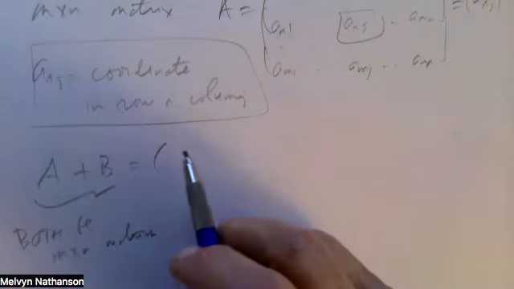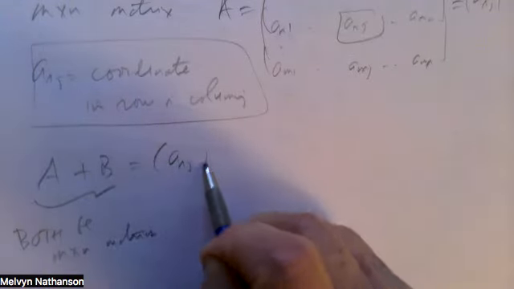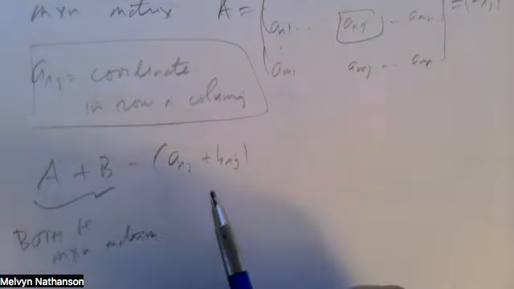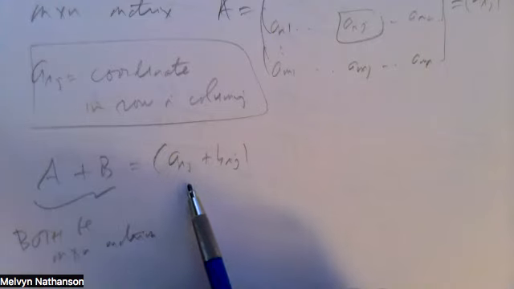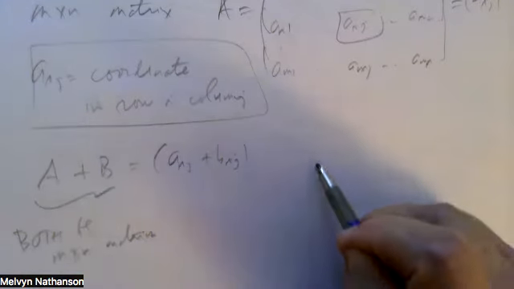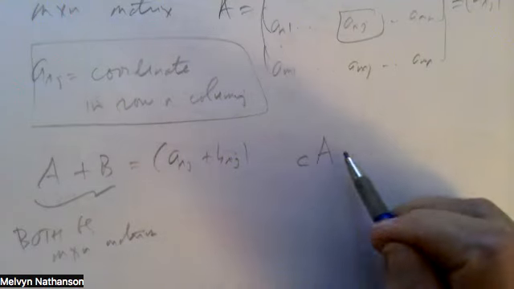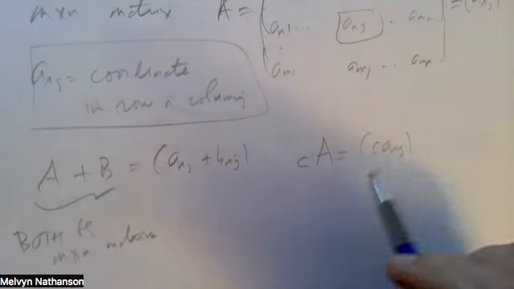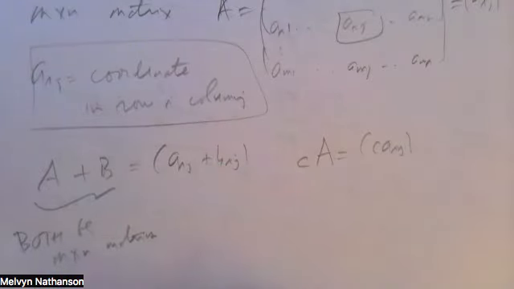They have to have the same number of rows and columns, and you just add coordinate-wise, just the way you do with vectors. You add vectors by adding coordinates. You add matrices by adding coordinates. If you take a matrix A and you want to multiply it by a scalar C, you multiply every coordinate by the scalar C.